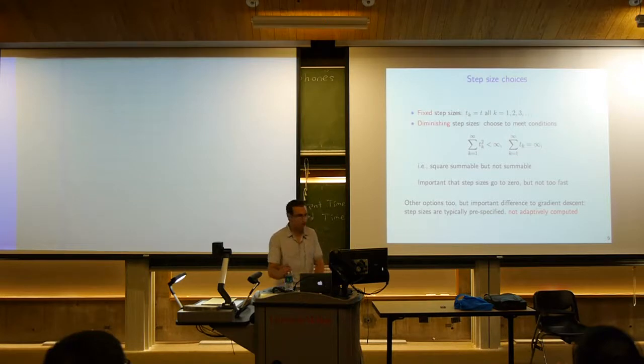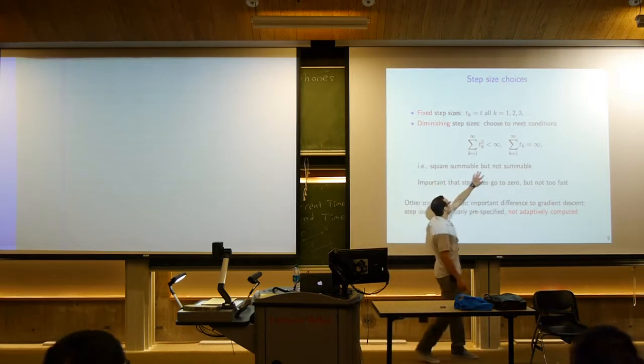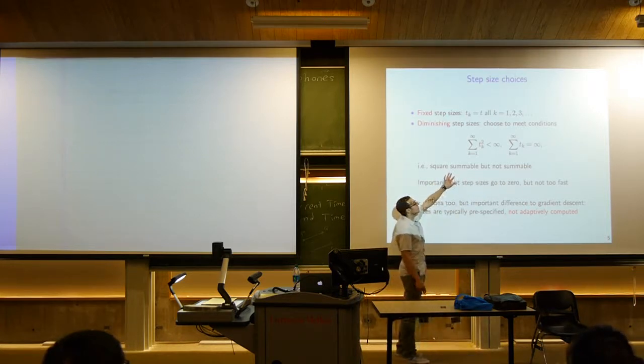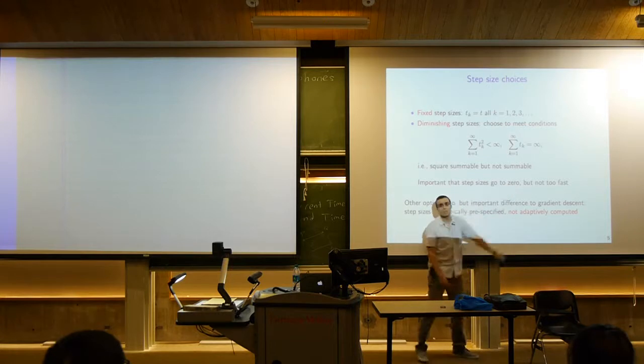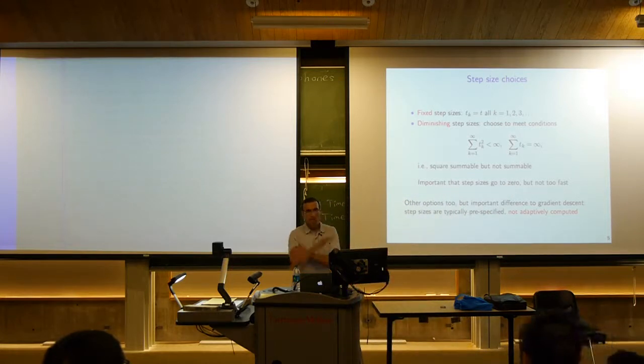There are various rules you can follow to choose these diminishing step sizes. One that's pretty common is to choose step sizes that are square summable but not summable. It means that the sum of the squares of the step sizes, if you were to run the algorithm indefinitely, is finite, but the step sizes themselves do not have a finite sum. So we want to make the step sizes go to 0, but not too fast. That's what these two conditions are saying.